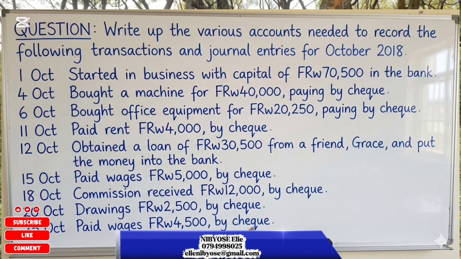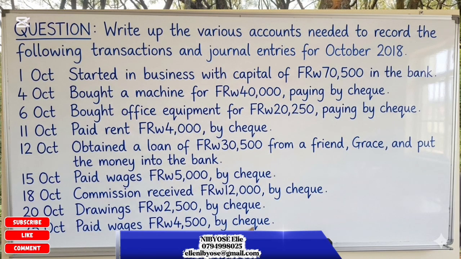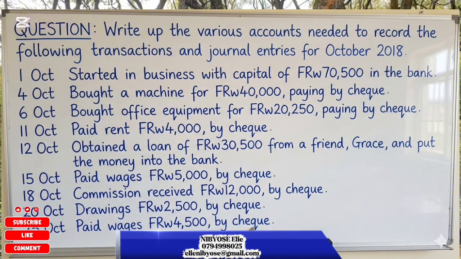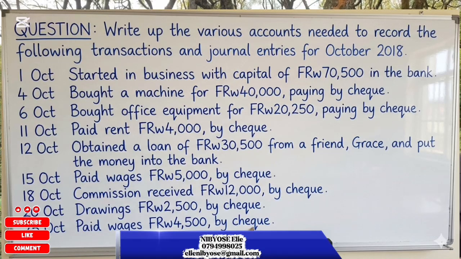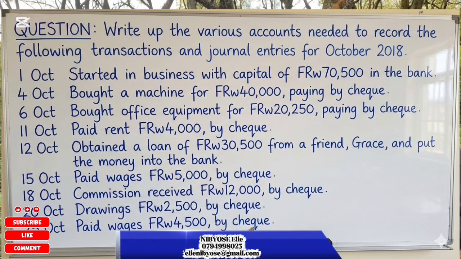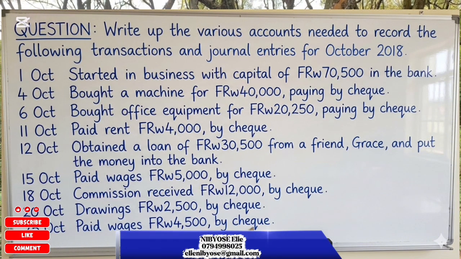On 12 October, obtained a loan of 30,500 Rwandan francs from a friend Grass and put the money into the bank. On 15 October, paid the wages of 5,000 Rwandan francs by check. On 18 October, received commission of 12,000 by check.